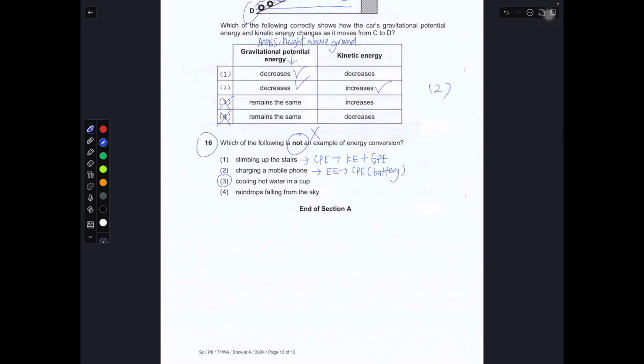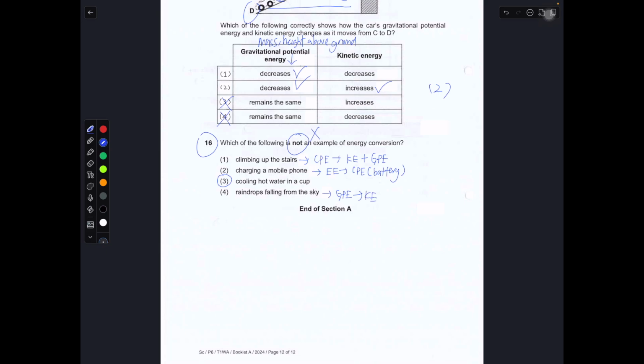Charging a handphone, electrical energy in the wire is converted to chemical potential energy in the battery of the mobile phone. So there is energy conversion. A raindrop is initially high up in the sky, so it has gravitational potential energy. When it falls down, it is converted to kinetic energy.